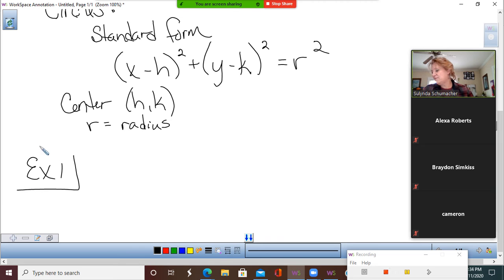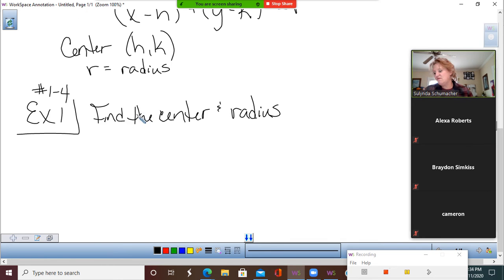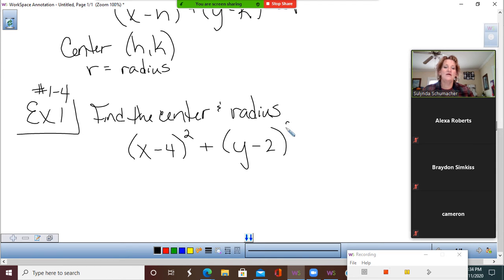So example number 1, this is like 1 through 4. Find the center and radius. All right, so if I give you an equation that looks like (x minus 4) squared plus (y minus 2) squared equals 16, our center is at, technically this is a translation, right?